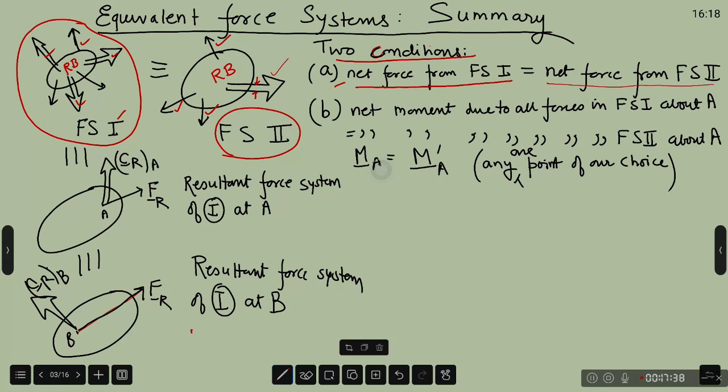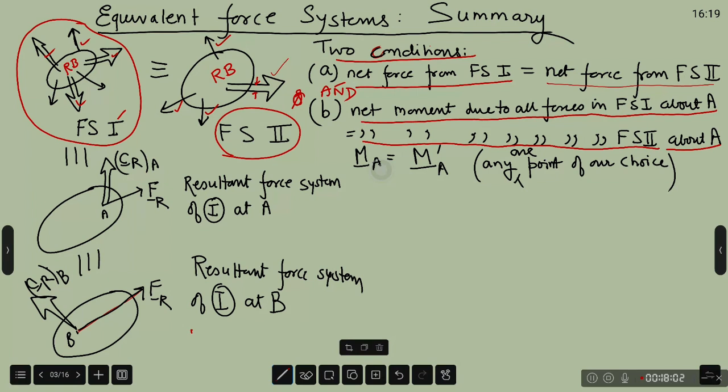The second condition, and both should be satisfied. Second condition is net moment due to all forces in FS1 about a point A should be the same as the net moment due to all forces in FS2 about the same point A. Okay.